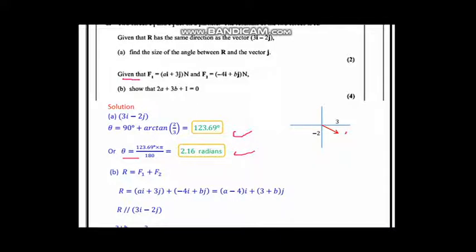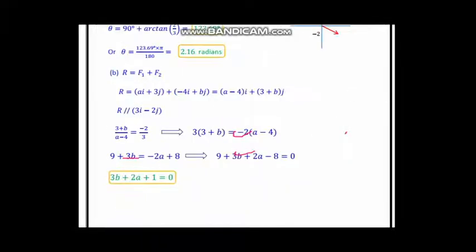Given that F1 equals ai plus 3j Newton and F2 equals negative 4i plus bj Newton, show that 2a plus 3b plus 1 equals 0. Let's see how to solve it. R equals F1 plus F2. So R equals ai plus 3j minus 4i plus bj. Combine like terms.